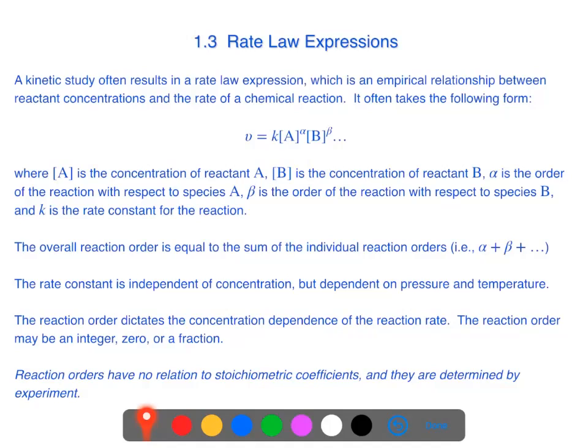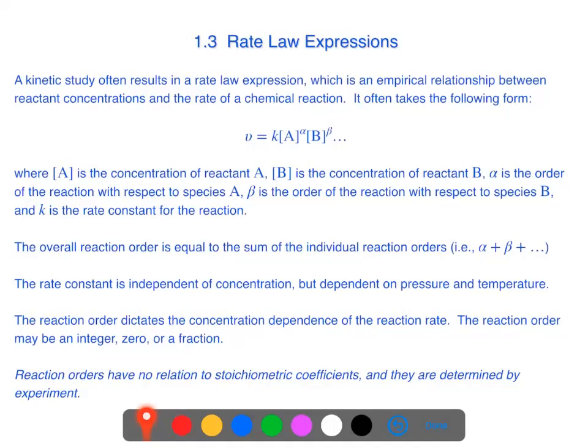And it's also very important to remember that reaction orders have no relation to stoichiometric coefficients, and that they must be determined by experiment. There will be some examples, elementary reactions, where we specifically know the mechanistic details of a reaction, that there may be a coincidence or correlation between stoichiometric coefficient and the reaction order.